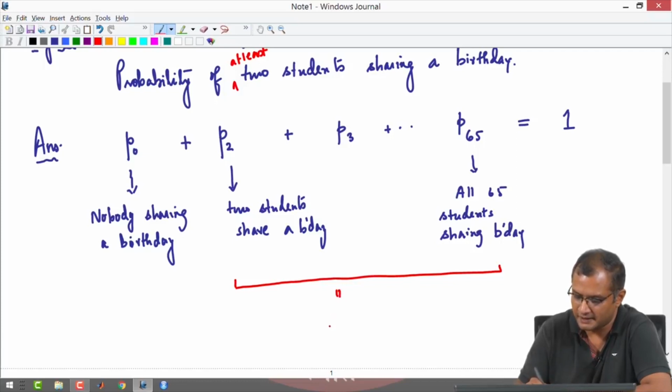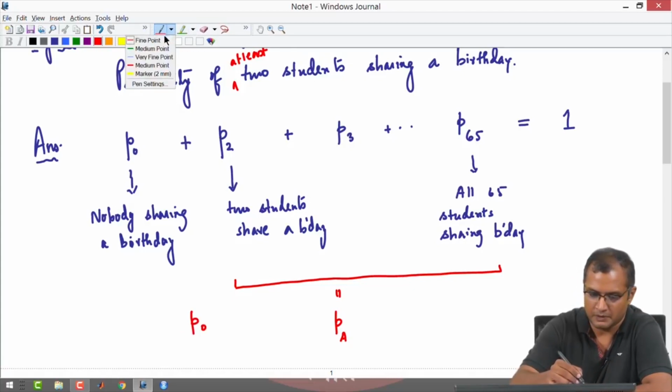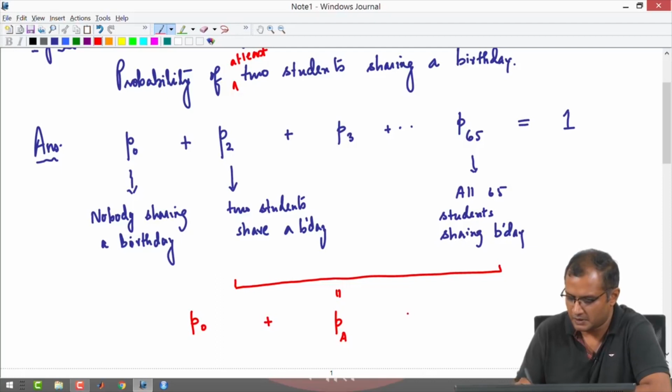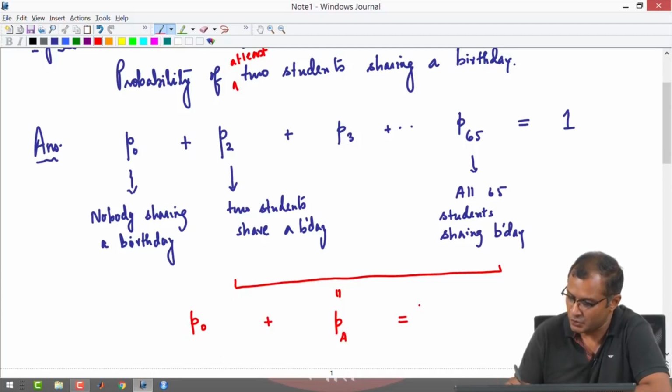So, this is basically my answer P of A, and I have P0, which is nobody sharing a birthday. So, P0 plus P A should be 1.